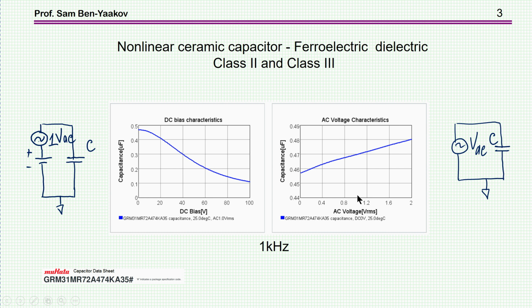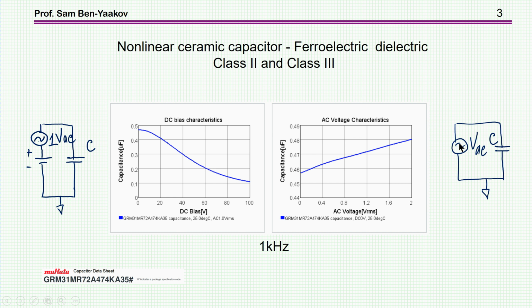Another set of information which is available from manufacturers is also labeled capacitance. In this case, the horizontal axis is AC voltage. This is obtained by an experiment in which you have an AC excitation, no DC. This is the capacitor under test, and the amplitude of this excitation is changed from small values to higher and higher values, up to, say, 2 volt.